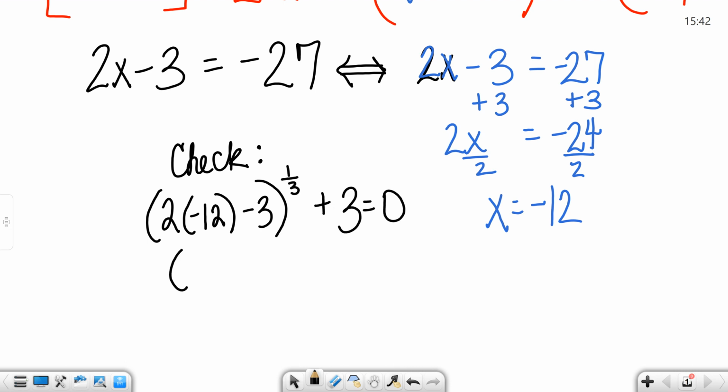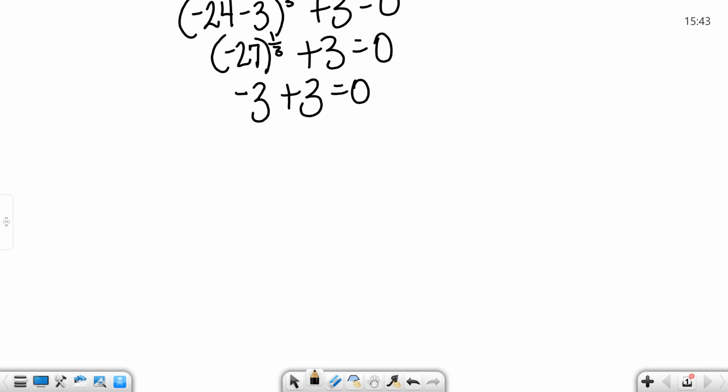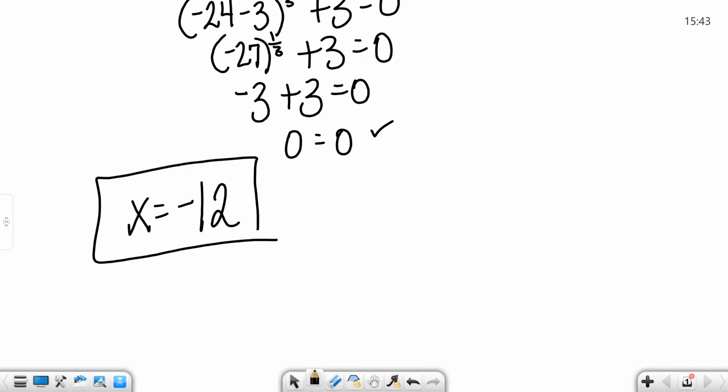All right, and so I get -24 minus 3, which is -27. And now you must recognize that rational exponent really means the cube root of -27, which is -3. And so this does work out. I end up with 0 equals 0. So, in fact, x is -12.